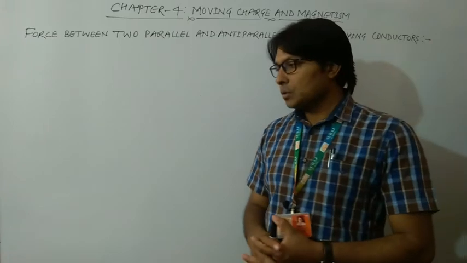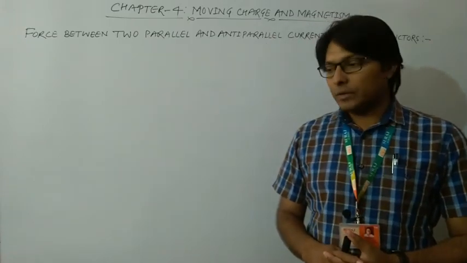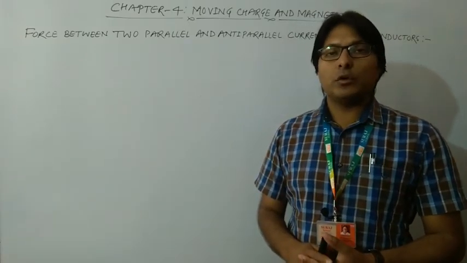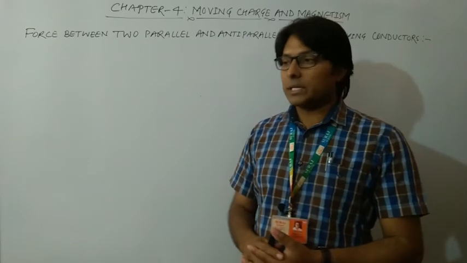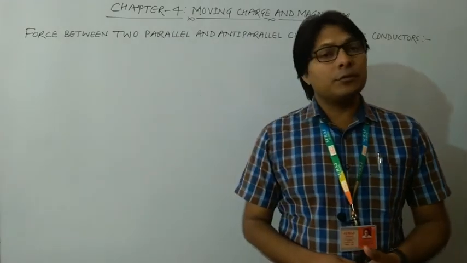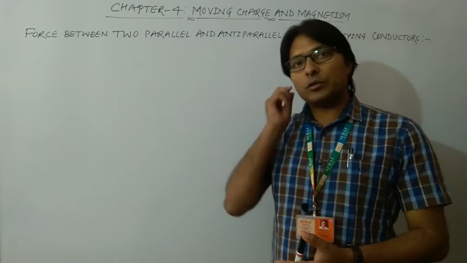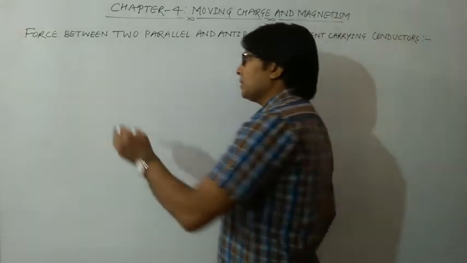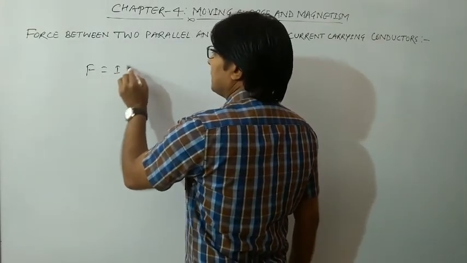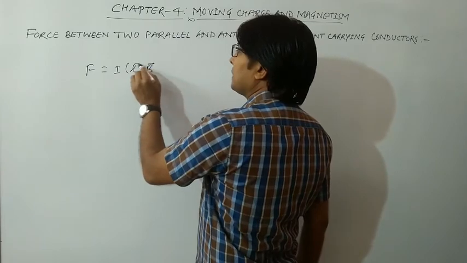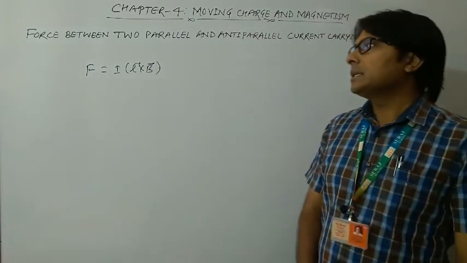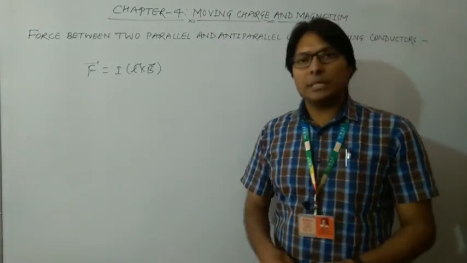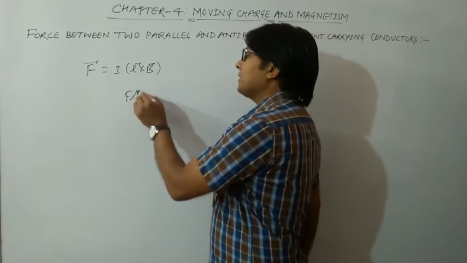We discussed that when a current carrying conductor is placed in a uniform magnetic field, it experiences a force, and this perpendicular force is given as F = I L cross B. If you remember from that lecture, the direction of this force can be determined using Fleming's left hand rule.